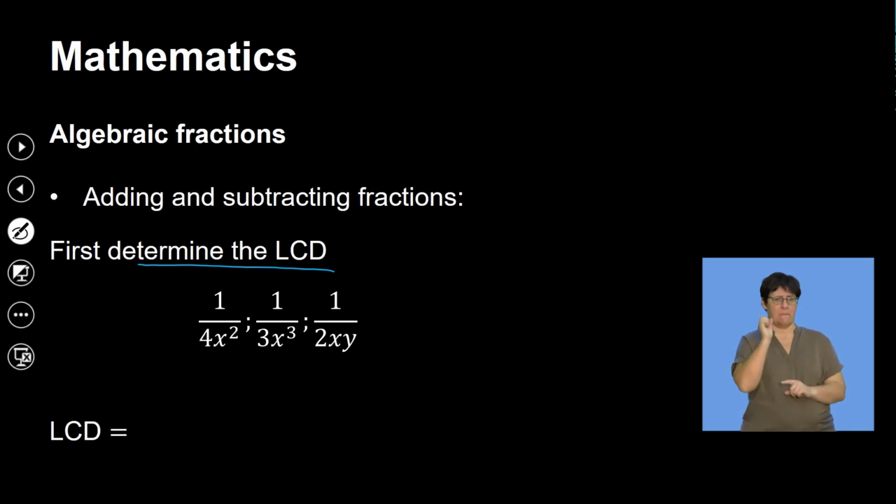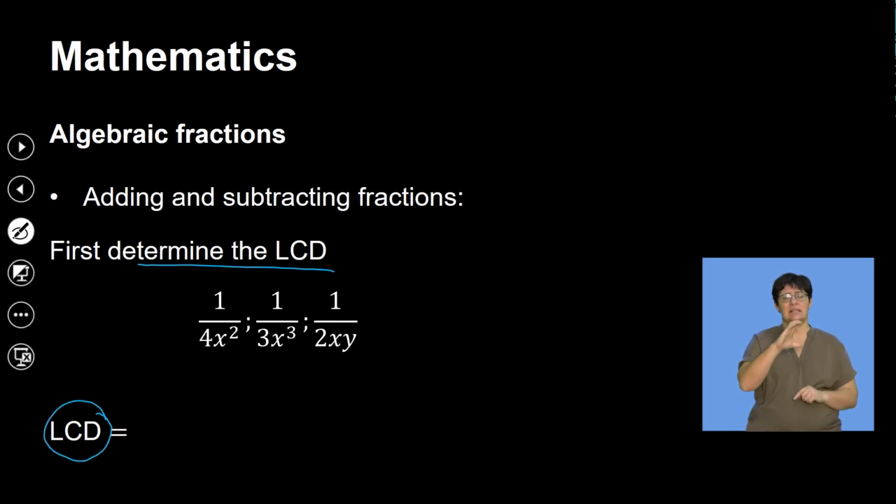Now, for example, if I have 1 over 4x squared and 1 over 3x squared and 1 over 2xy, you must find the LCD. It must be a number such that all the denominators are divisible into it without leaving a remainder. So a number that 4 and 3 and 2 can go into and not leave a remainder will then be 12, right?